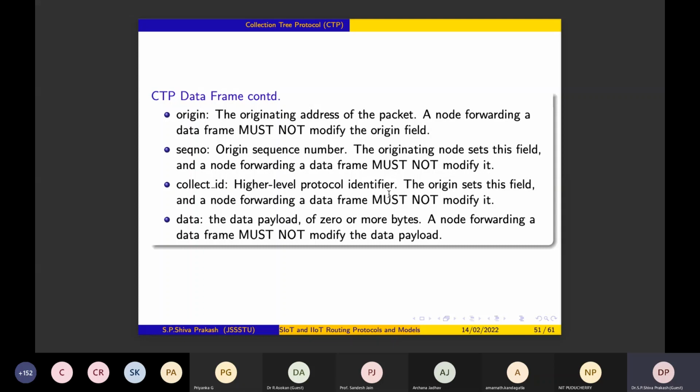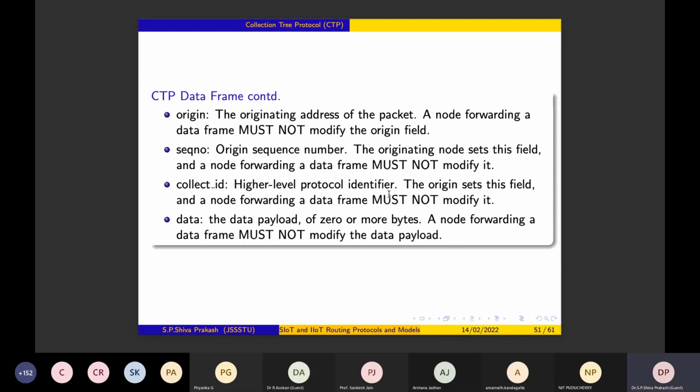The origin field is the originating address of the packet; a node forwarding a data frame must not modify this field. The sequence number field is set by the originating node, and a node forwarding a data frame must not modify it.